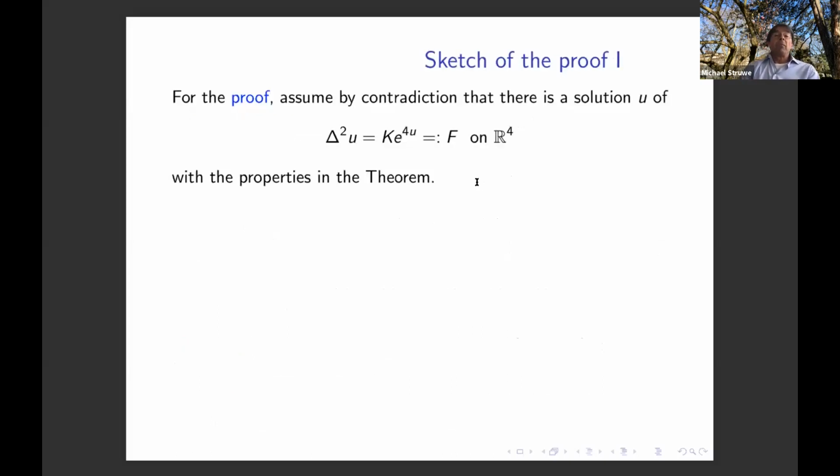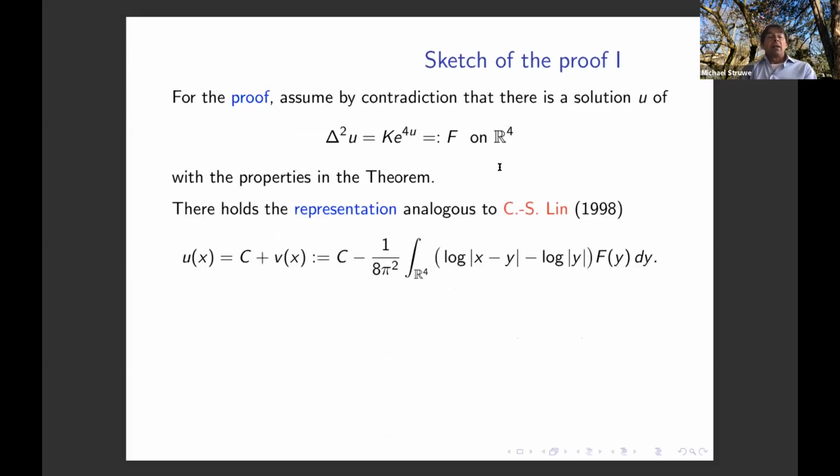All right, so let me tell you a little bit about the details, how we prove this result. So we argue by contradiction, and we assume that there is a solution with the properties of the theorem for the prescribed curvature function K equal 1 plus A(x, x). And the first step is to derive a representation formula analogous to what Chang-Shou Lin did in his work in 1998.